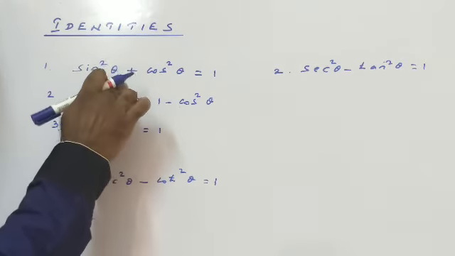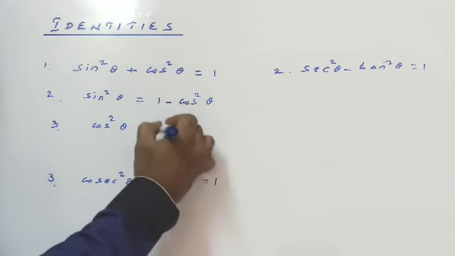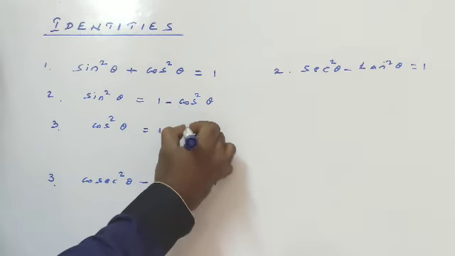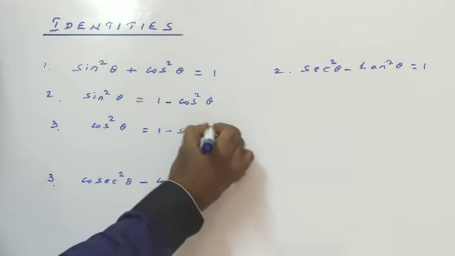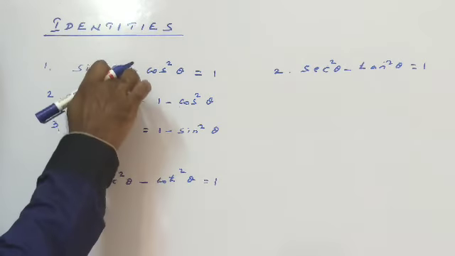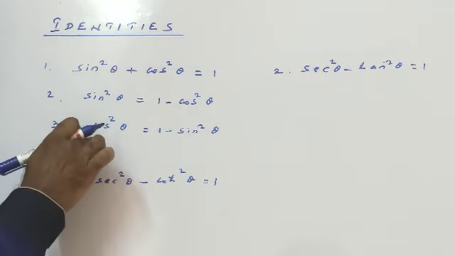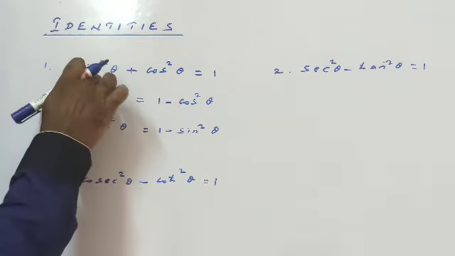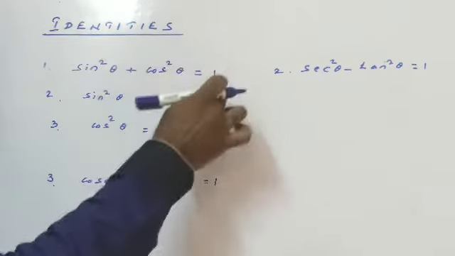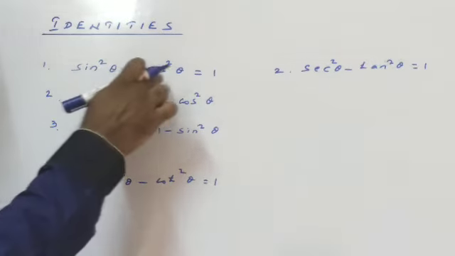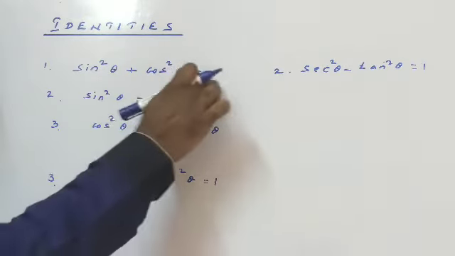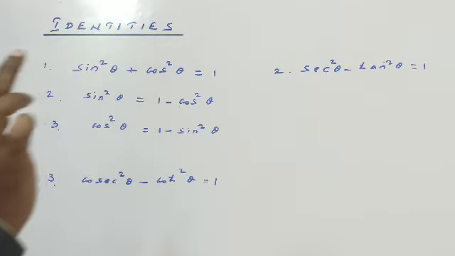Remaining is sin square theta, take it to the right side, it becomes minus sin square theta. So from the first identity, I derived two more identities: sin square theta equal to 1 minus cos square theta, then cos square theta equal to 1 minus sin square theta.